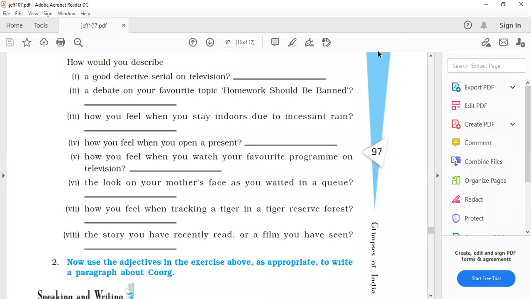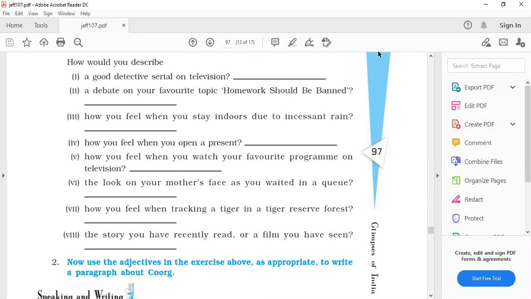Now what you are to do according to them, they say you must arrange an exhibition of photographs of different places of India. Good sources are travel articles in the Sunday newspaper, travel magazines, or brochures available at travel agents.